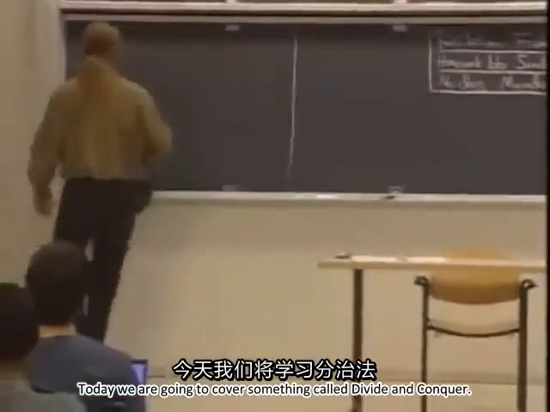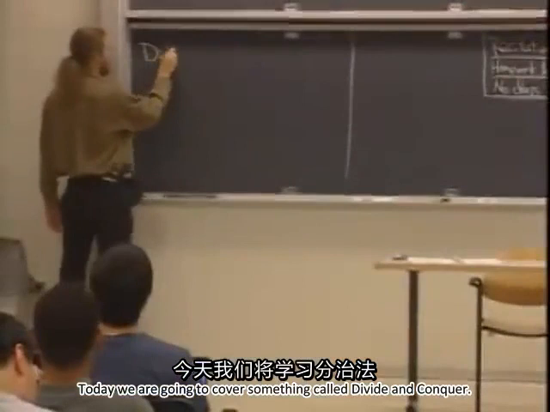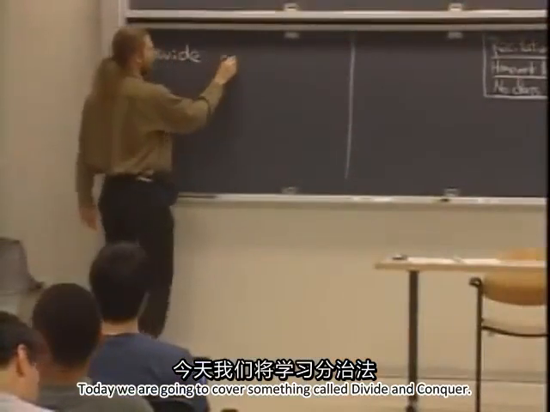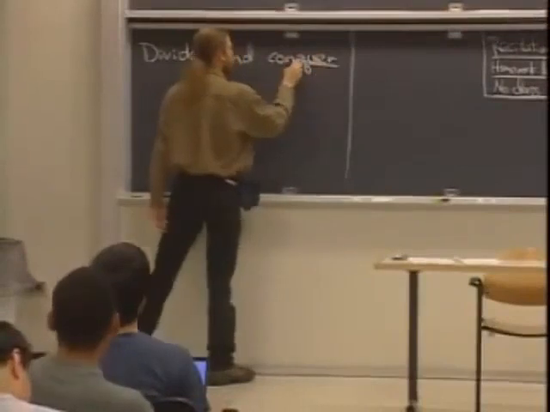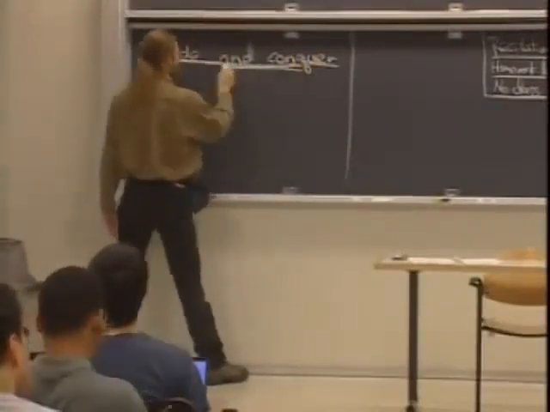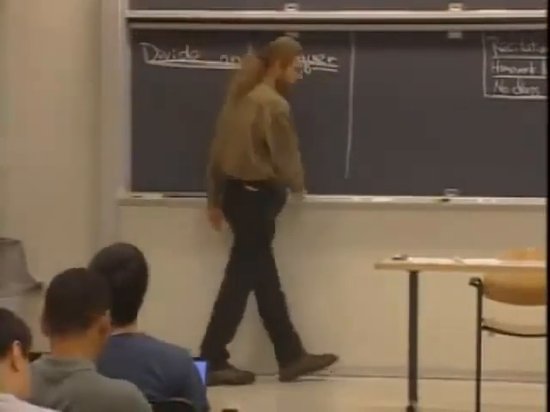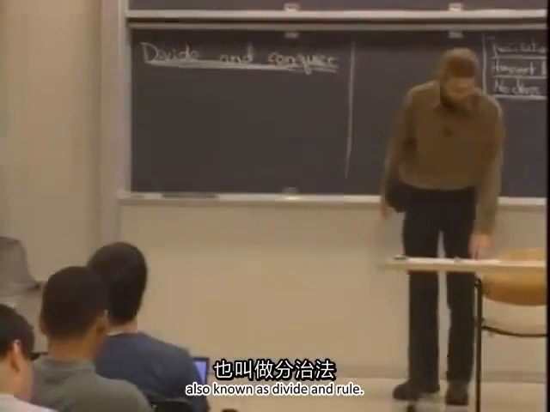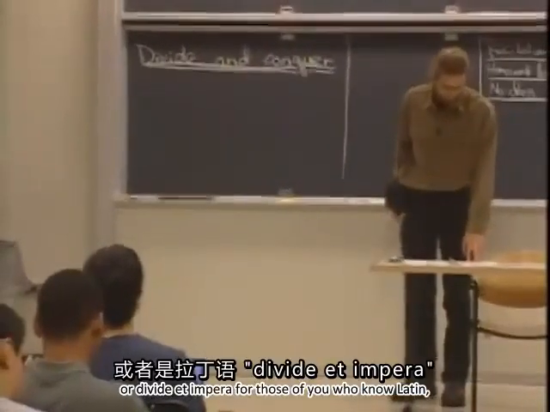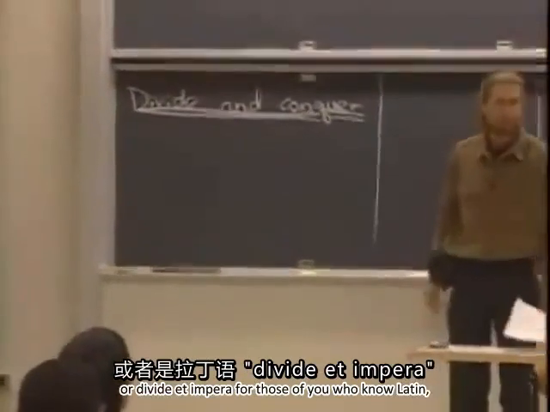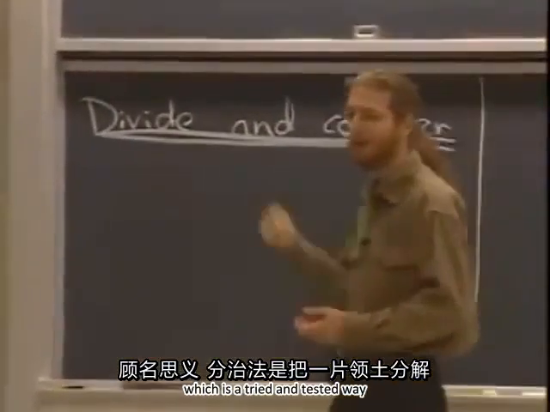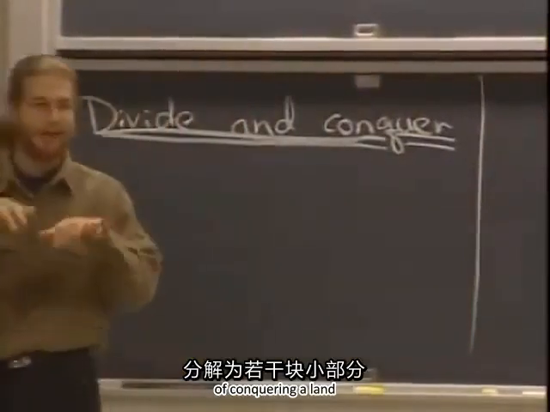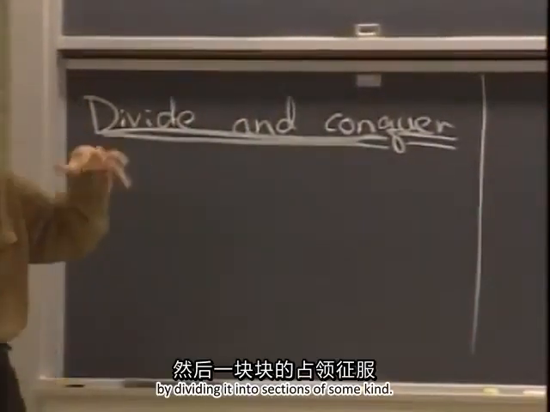Today, we're going to cover something called divide and conquer, also known as divide and rule, or divide et impera for those of you who know Latin, which is a tried and tested way of conquering a land by dividing it into sections of some kind.